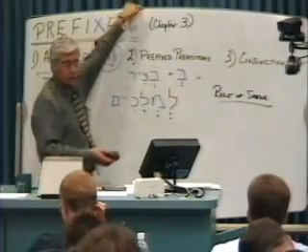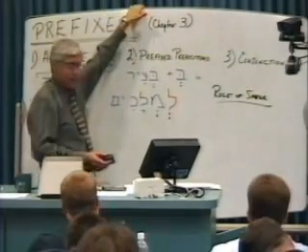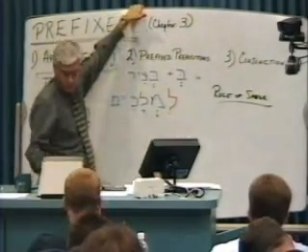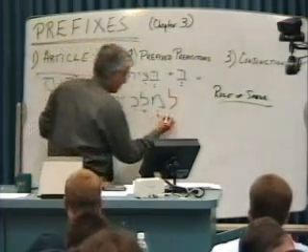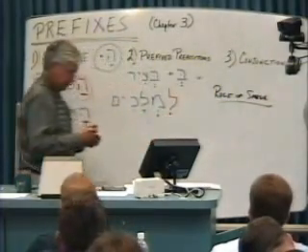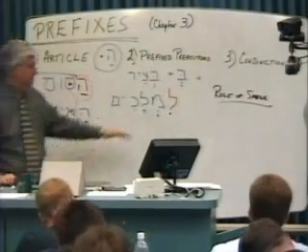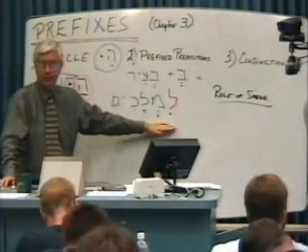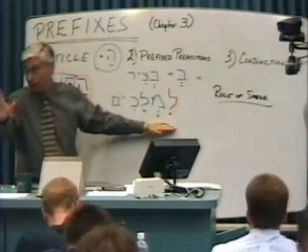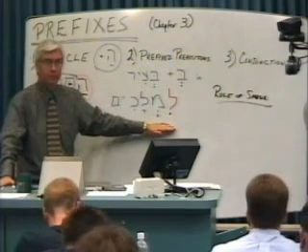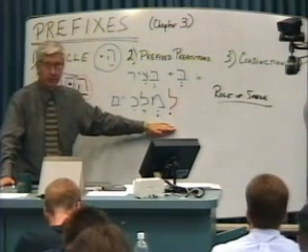If you have two vocal schwas together, you erase a dot. The first one becomes a hireq. Don't ask me why. It just does.